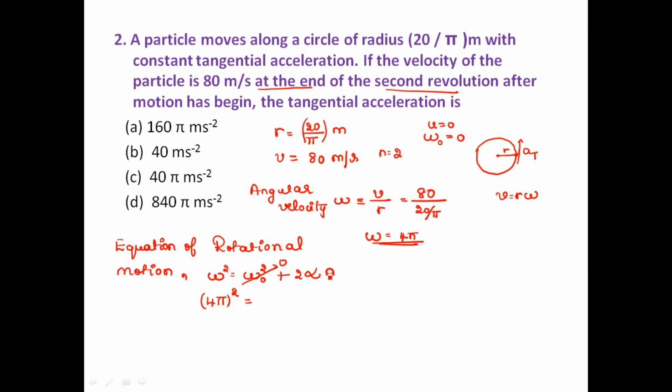What is 2 alpha theta? Alpha is nothing but our angular acceleration. Theta is angular displacement.